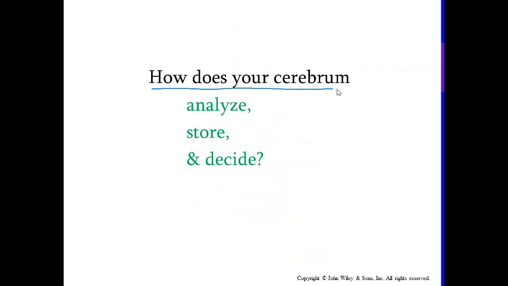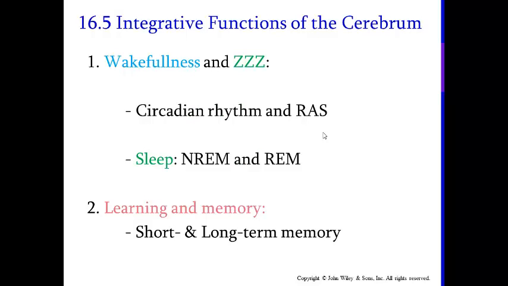Now, the last part we'll take a look at is how your cerebrum helps you analyze, store, as well as decide on some of this information. The integrative functions of our cerebrum help us stay awake, as well as relate to when we're sleeping too. We have a normal, hopefully 24-hour day, a circadian or biological clock, which helps cycle between when we're awake versus when we're sleeping.